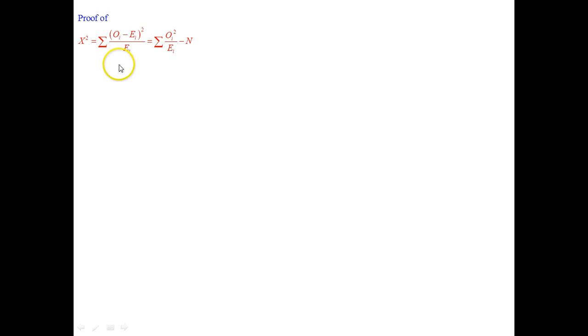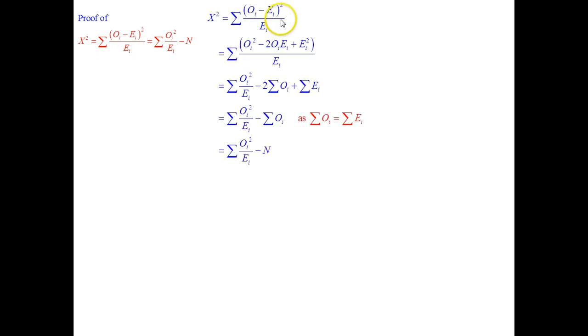So if we prove this, take the middle term there, square the bracket, then divide each one by E and take the sum in.